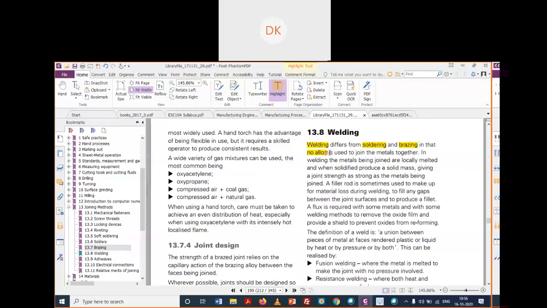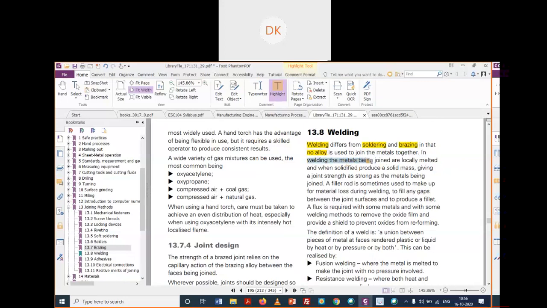Whatever material we want to join is joined either by bringing it to the plastic state or by melting it. Okay. So here in the next line, the line is given.